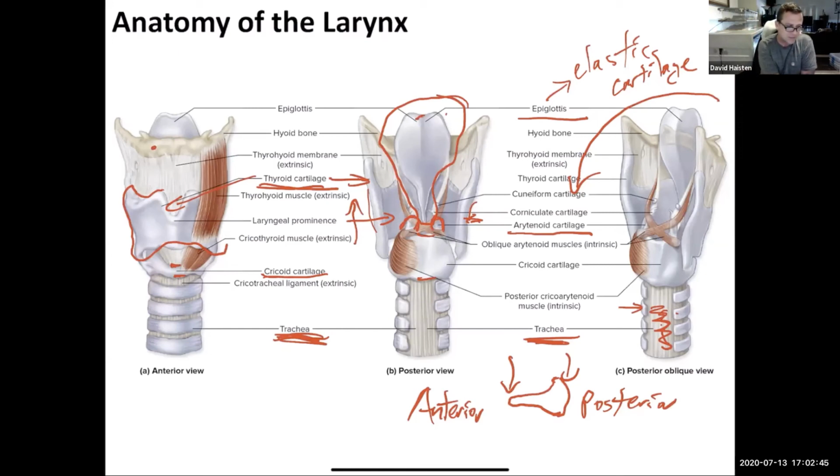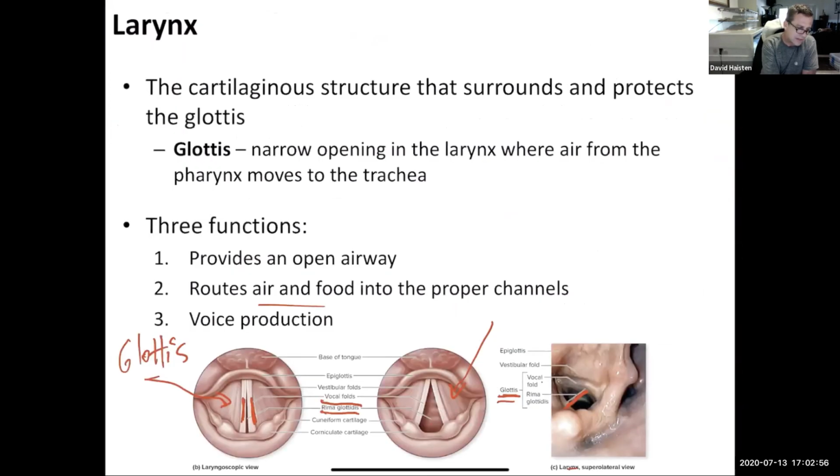There's some muscles back here, and let's not worry about their names. We'll call them Bob, Frank, and Ted. Some muscles contract, and when they do that, that opens up the glottis. That pulls on the vocal cords, the vocal folds.